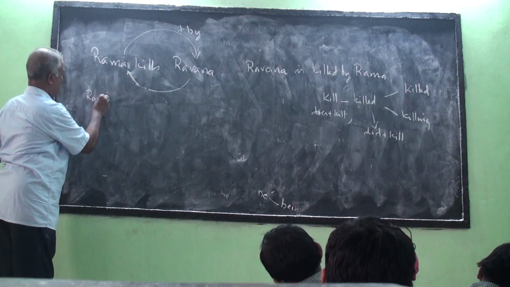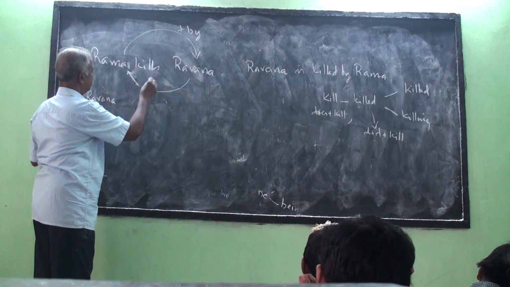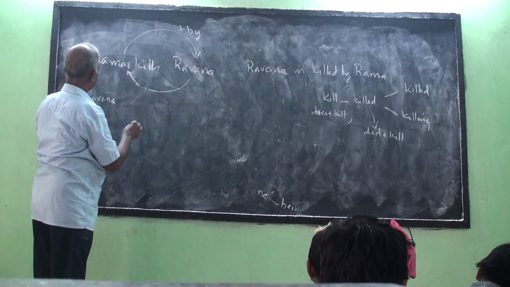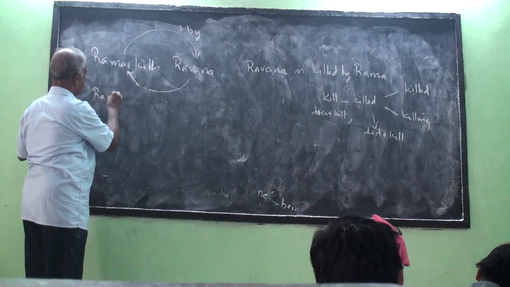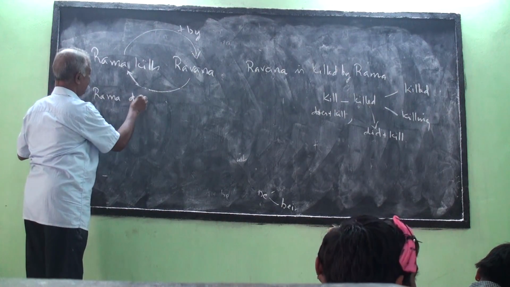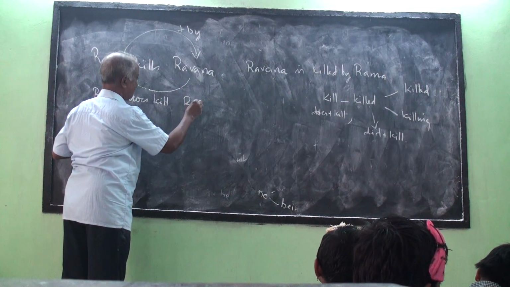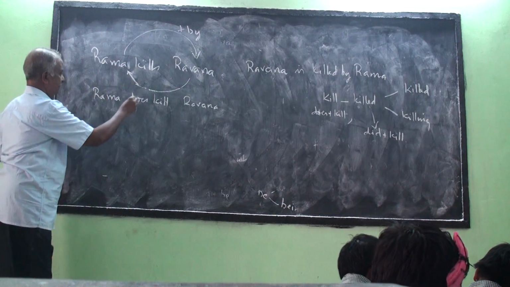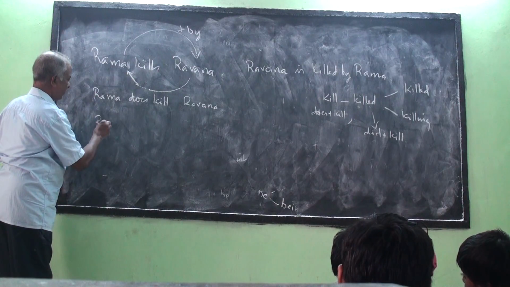Rama does kill Ravana. What is the passive voice? In the place of kill, does, you will write Ravana.